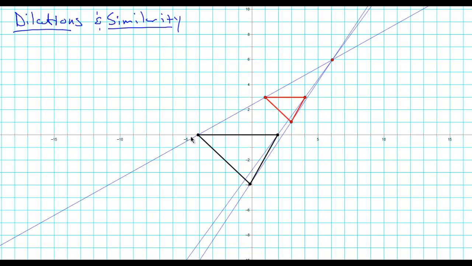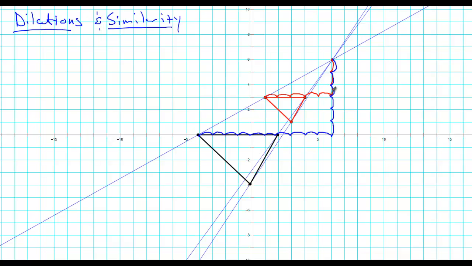Well, that doesn't look like much of a connection, but you'll see that from here, it's down 3, over 5, and then if I want to go to the new version of that point, I go down twice as much, and I go over twice as much.